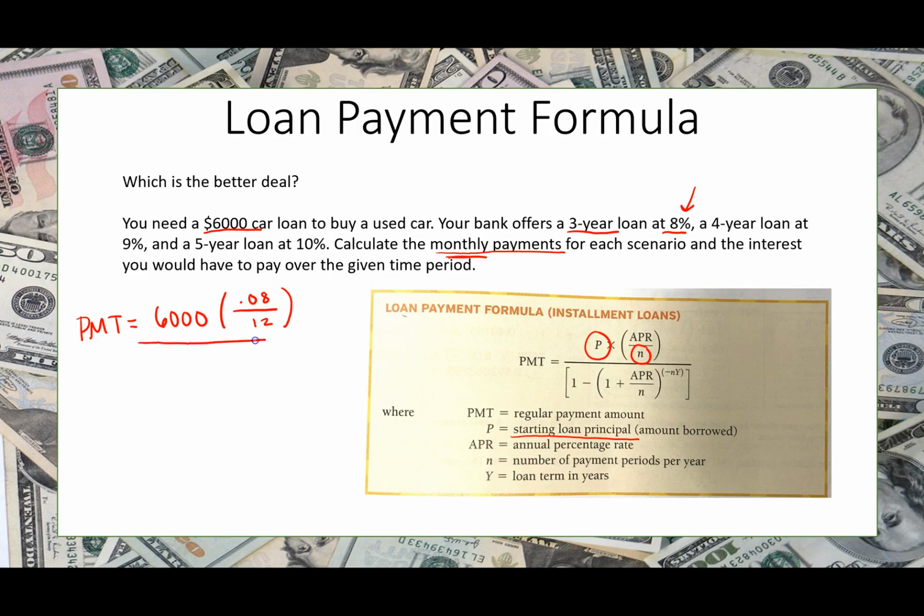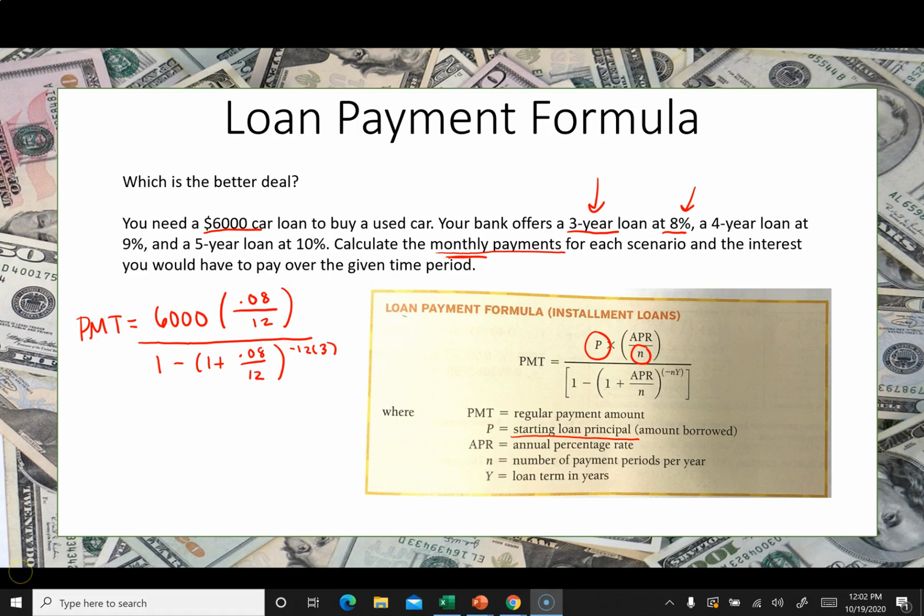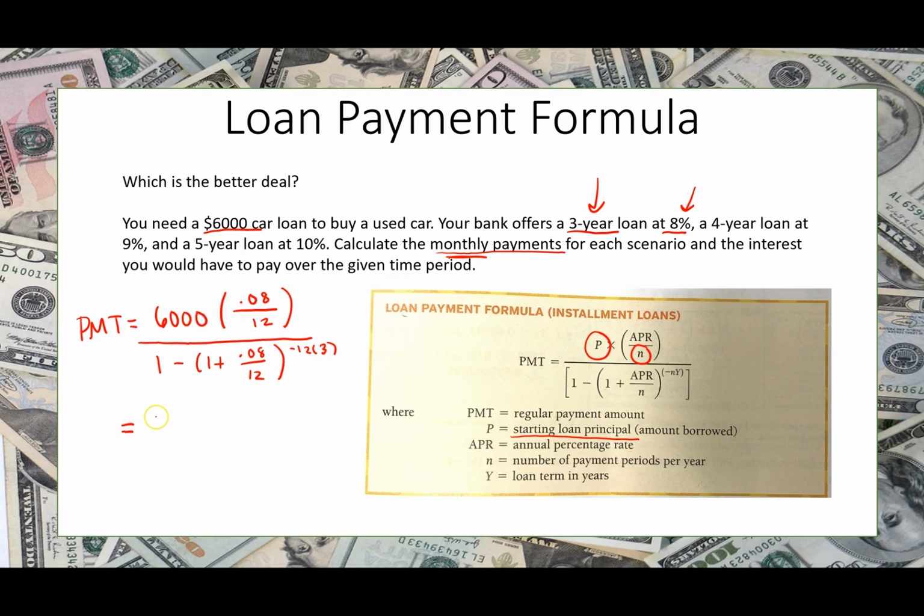All divided by 1 minus 1 plus 0.08 over 12, and that's going to be to the negative 12 times my years, which in this case is a 3-year loan. Again, go back to my video on the calculator and let's see what I get. All right, for this we got, for monthly payments, $188.02.